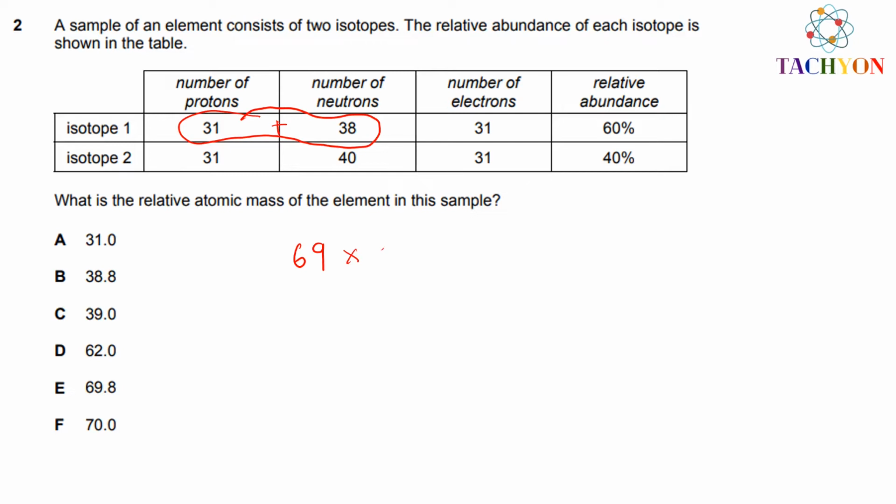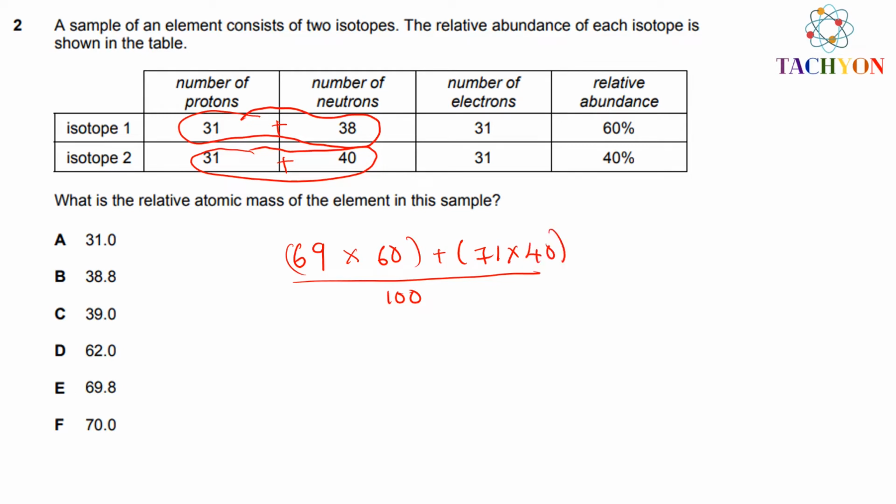If you want, you can take 60 divided by 100, because that is a percentage, plus the next one, which is 31 plus 40, that's going to be the mass number. 31 plus 40 is 71 multiplied by 40 percentage. So understand the value. The abundance is 60 percentage for 69. So the value is more nearly to 69, not more nearly to 71. That is the first point you should understand.